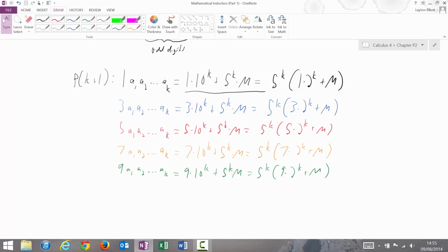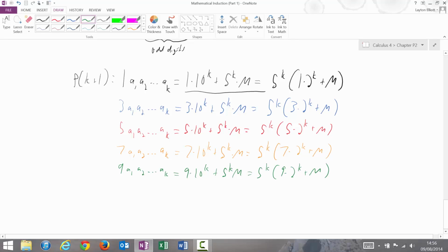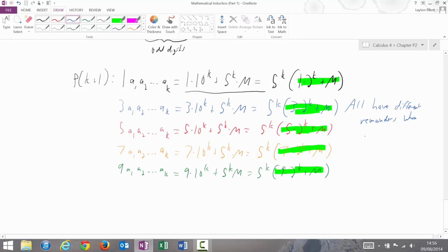But essentially what I have is, I know that all five of these have different remainders when divided by 5.